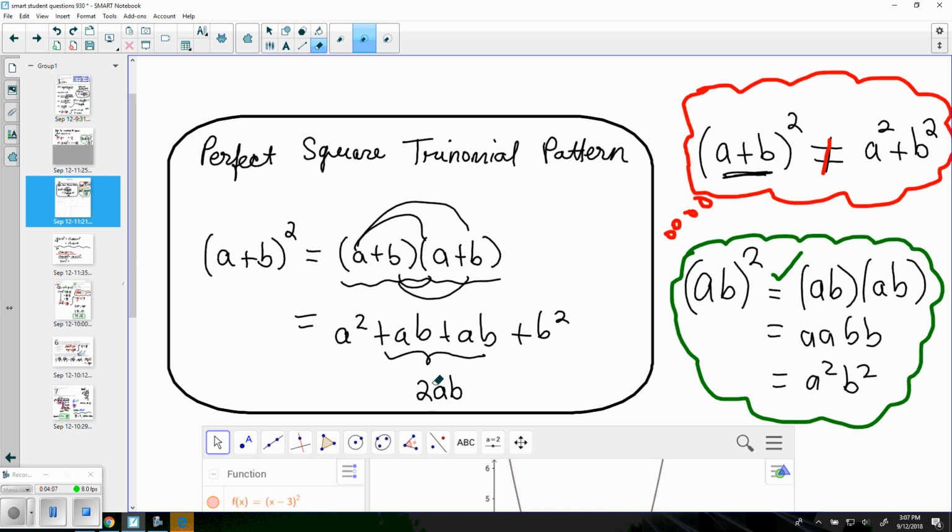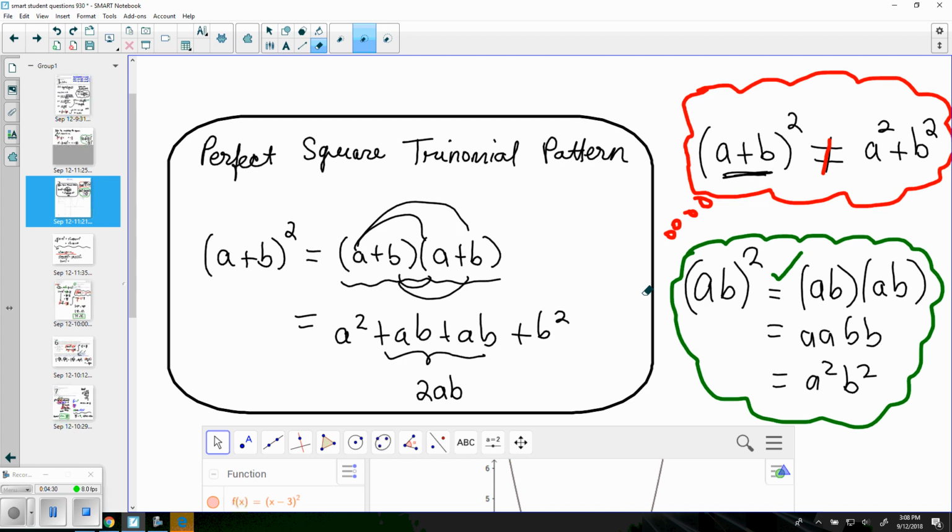That's what happens every time. So if we are in a situation where we want to know what b squared is so we can complete a square, we actually need to take half of that simplified middle term and then square it, right?